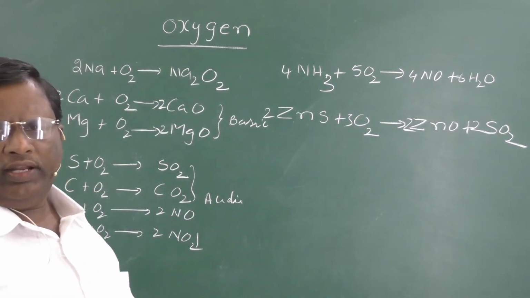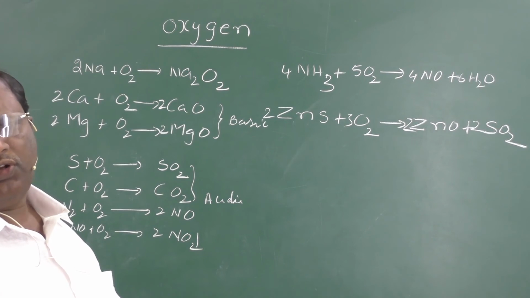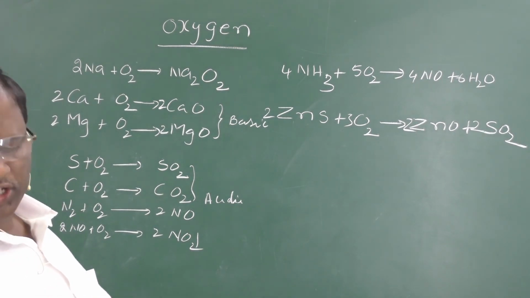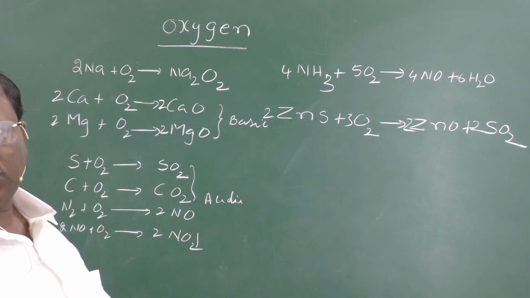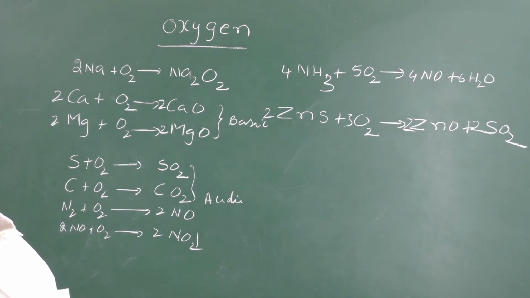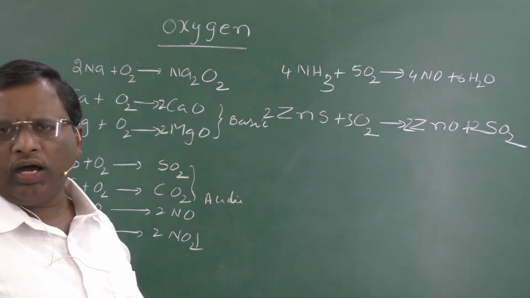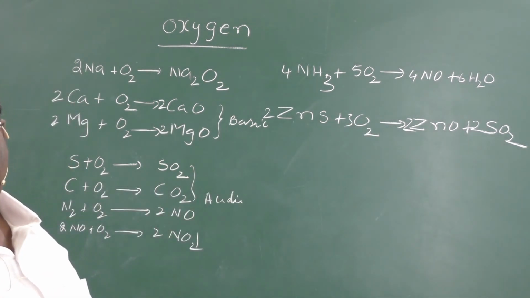When zinc sulfide is burned in the presence of oxygen, this is called roasting. When sulfide ores are heated in the presence of oxygen, that process in metallurgy is known as roasting. In the roasting process, sulfide ores are converted into oxide ores.